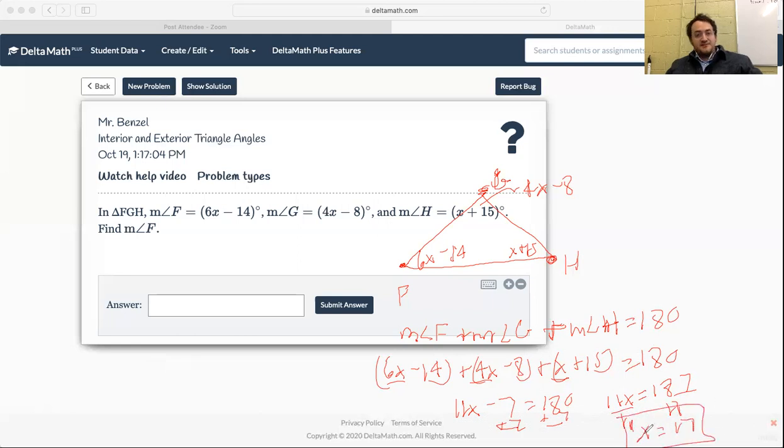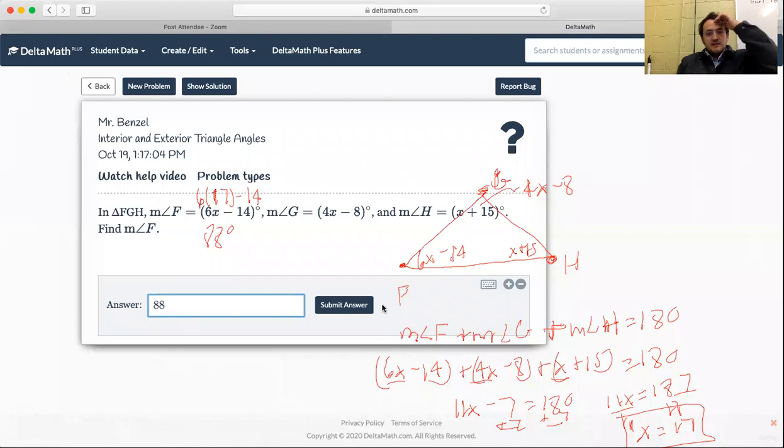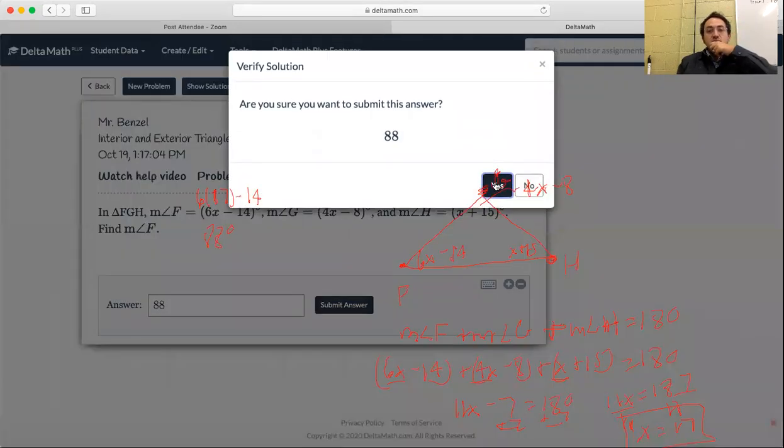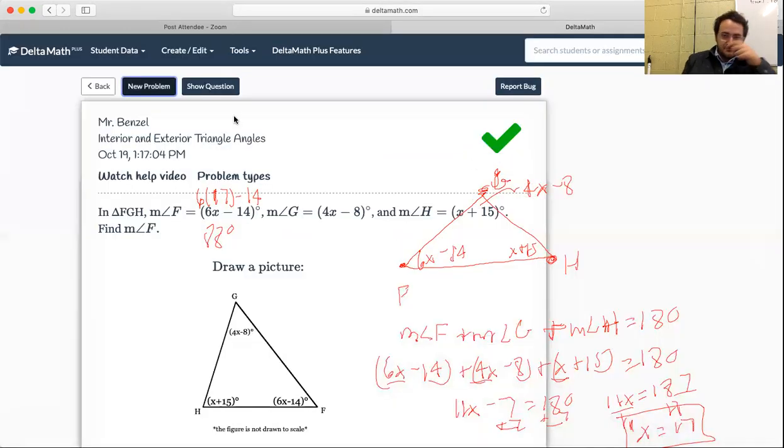Now it's asking us to find the measure of angle F. So you go find angle F and put in your 17. I got 6 times 17 minus 14, so that's a total of 88. Put that in, submit your answer, and you're good.